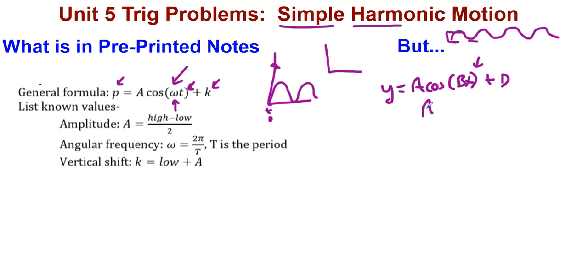So I could have done A cosine of Bx plus C, or minus C, more applicable, plus D. And I could have done the same thing with sine. I just substitute sine right there.